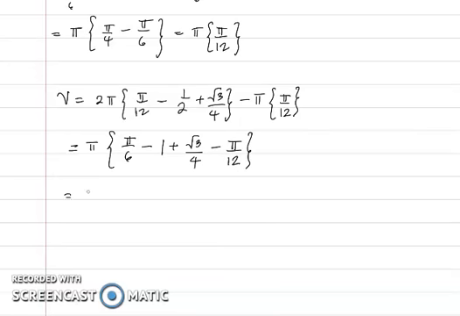And so this is pi. This is 2 pi by 12 minus pi by 12. So I have pi by 12. So it's pi by 12 minus 1 plus root 3 over 4. And this is cubic units.